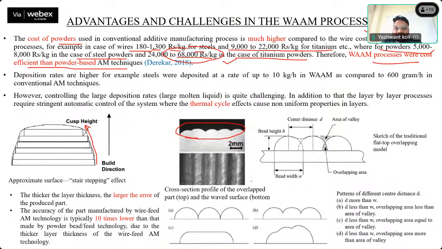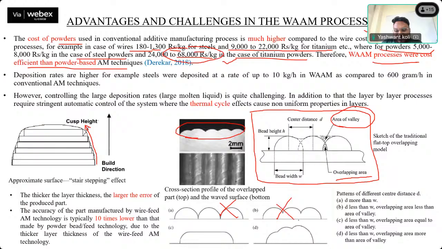To get efficient bead aesthetics and efficient multi-track, multi-wall fabrication, we have to optimize these things. What is the overlapping area, what is the area of valley? We don't want these defects; we want this as the final output.